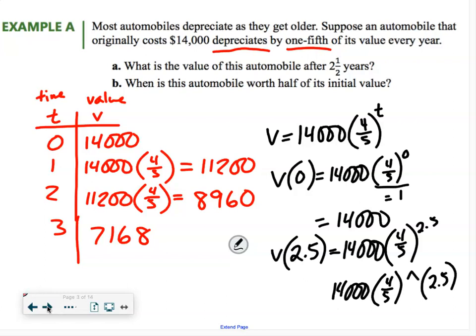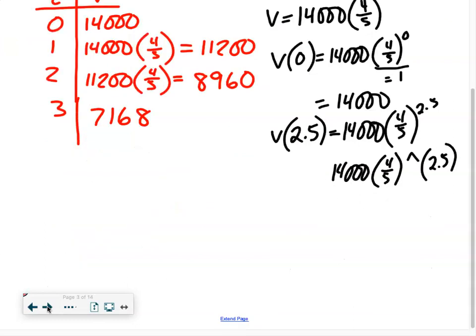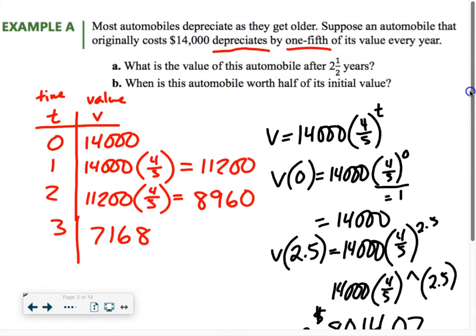You don't really need parentheses for 2.5, but anyway. All right, so what is v of 2.5? There we go. So v of 2.5 is around $8,014.07, kind of rounding a little bit. So that would be the value of our car after 2.5 years.